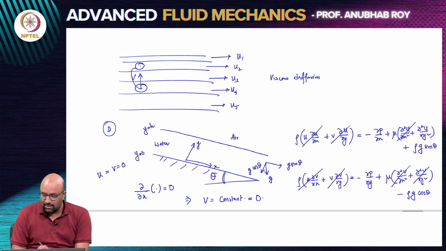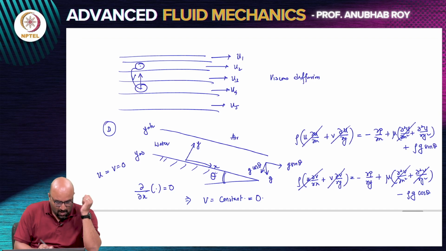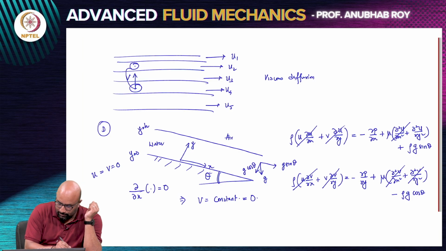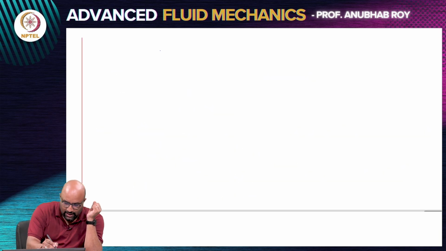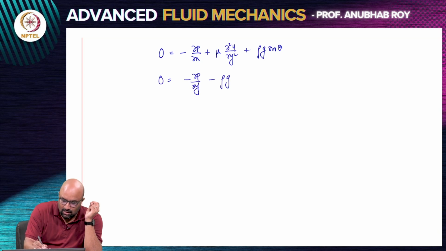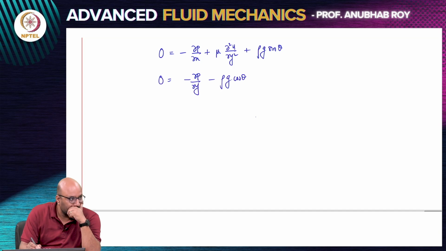So I arrive at the set of equations. So I have 0 equals minus dou p dou x plus mu dou square u dou y square plus rho g sin theta, and 0 equals minus dou p dou y minus rho g cosine theta.